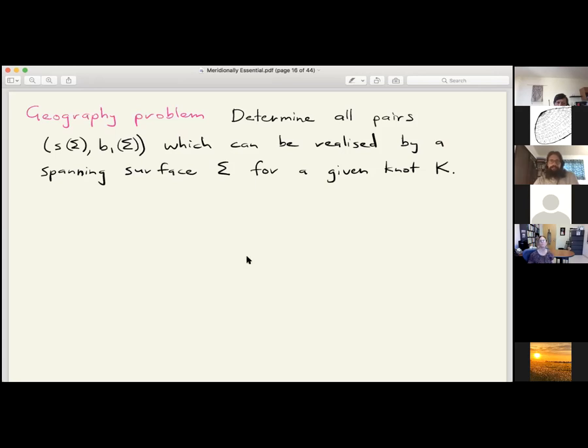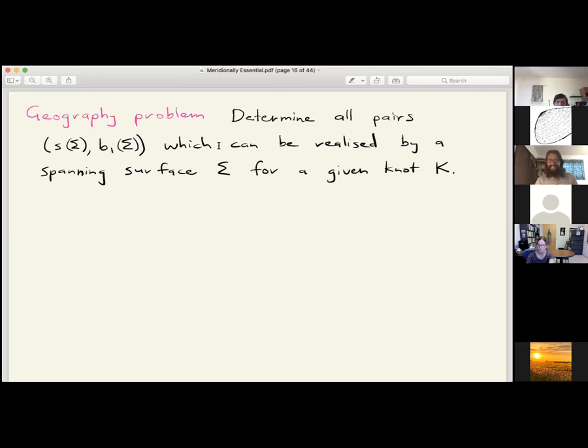Okay, so geography problems are not so common in three manifold topology, but certainly in four manifold topology, there are some quite famous geography problems. The most closely related one to this is you ask the same question for surfaces in the four ball. And there's been some nice recent work on this by Samantha Allen. Of course, that's four-dimensional topology. It's much harder.